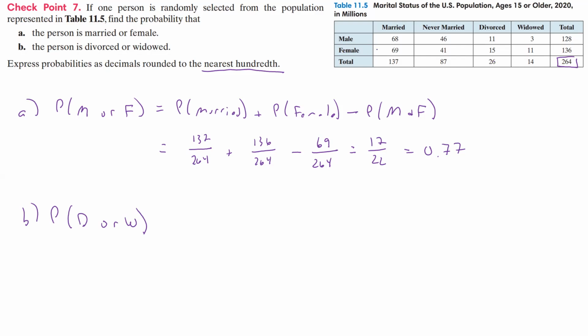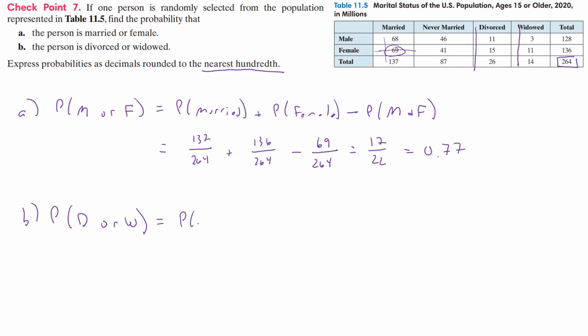The female was this way, in this row, and the married was in this column, and they did cross at that 69, but these never cross. And so that means these are mutually exclusive. So when they're mutually exclusive, remember, we can just add up their probabilities and we're done.